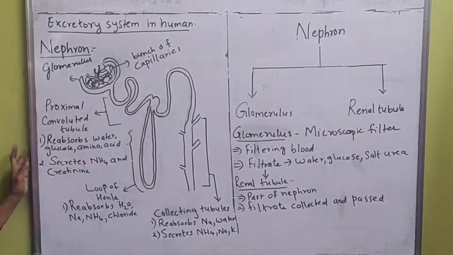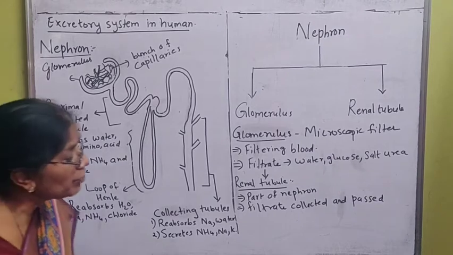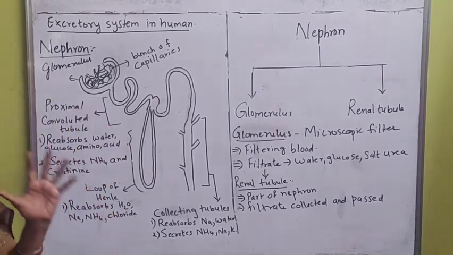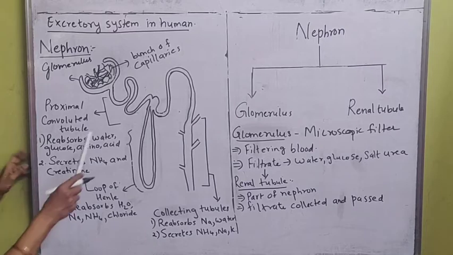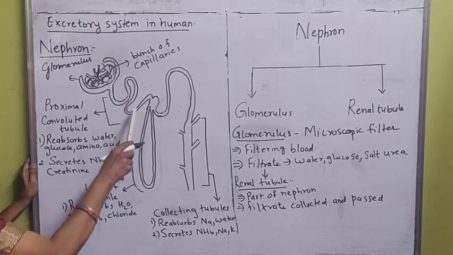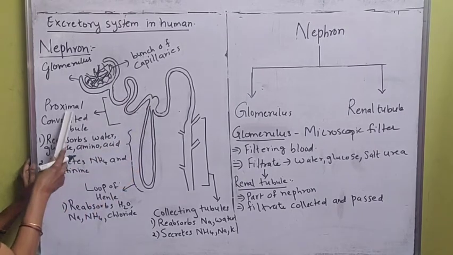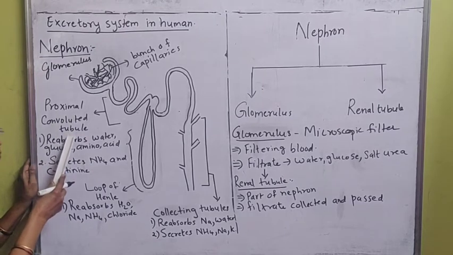Further, I have written something over here. The renal tubule is divided into three main regions. Look over here. The starting part of the renal tubule is called the proximal convoluted tubule.